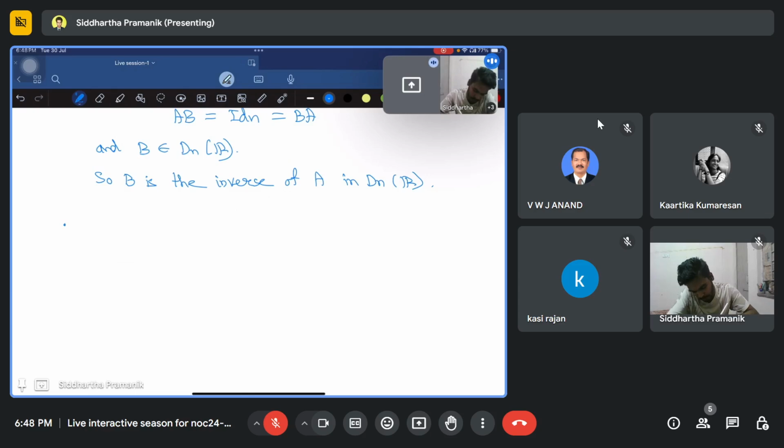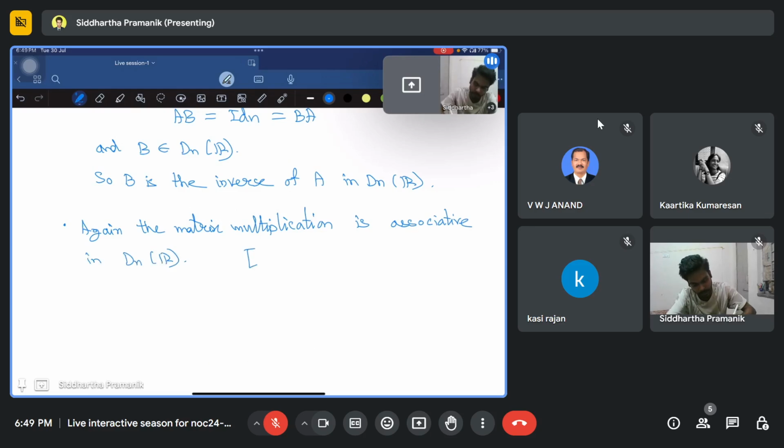So let me just write down again, matrix multiplication is associative in DNR, and the reason is DNR is a subset of GLNR. Okay, so finally this forms a group.